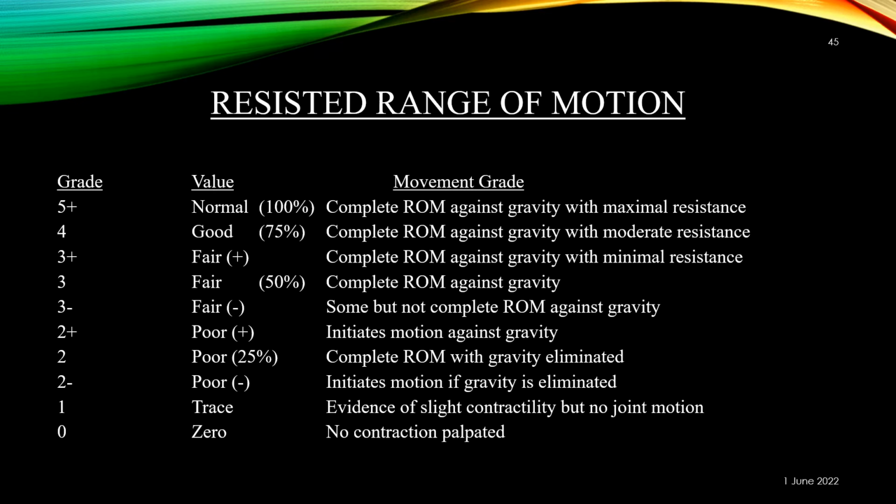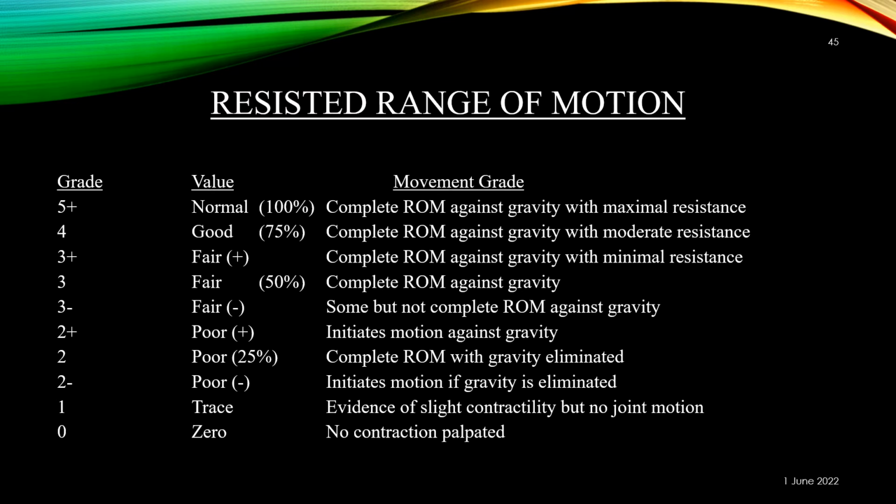Now the difference is, if the client can do the actions by themselves, which means AROM, then you immediately go for 3 anyway. The grading mechanism needs to be properly charted based on your experience. So if the client can do AROM, you're automatically looking at 3 anyway, as in full range of motion.